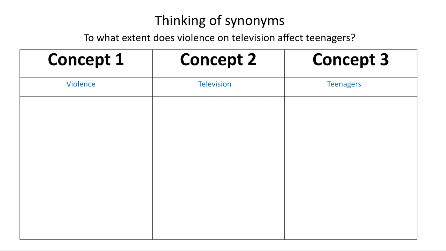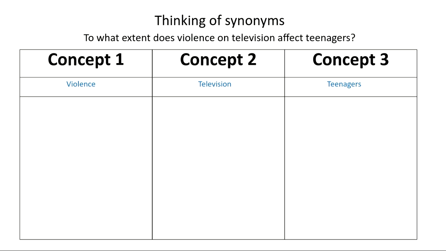We need to use synonyms or alternative words because different authors may use different terms to describe a concept, and we don't want to miss out on any articles because we haven't thought of the terms they might be using. For concept 1 we have violence, concept 2 is television, and concept 3 is teenagers.